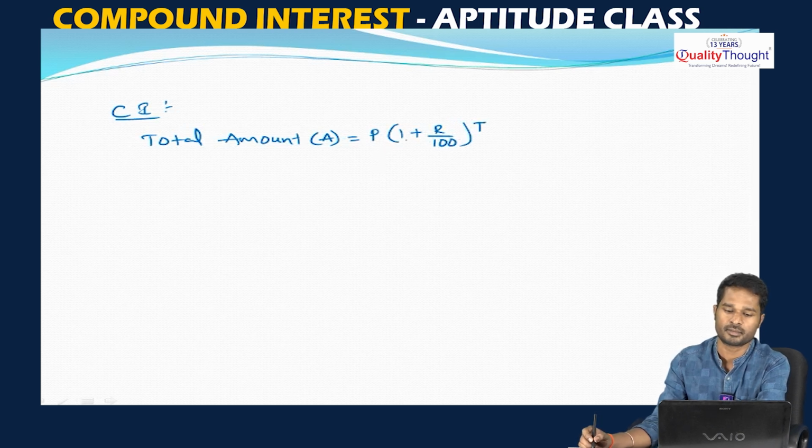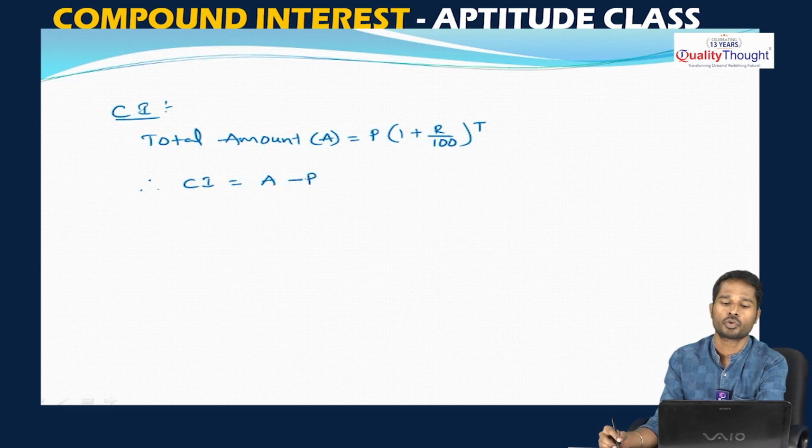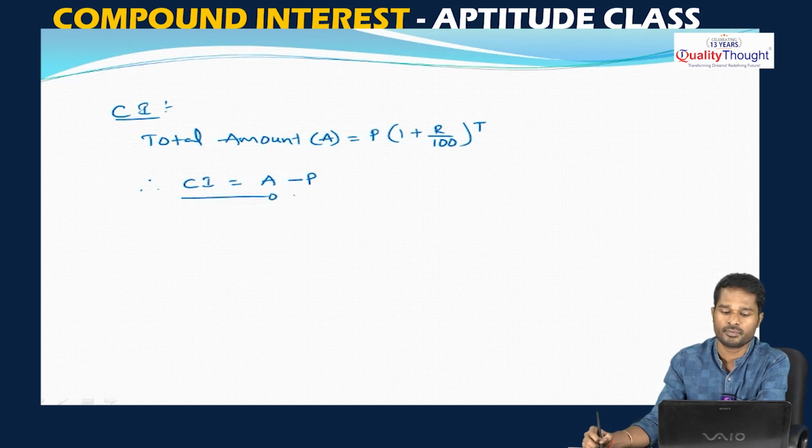We have already seen this. Therefore the compound interest is calculated as the total amount minus the principal amount. If you subtract the principal amount from the total amount, that will give the compound interest. So this is what we will keep in mind when we solve the questions.